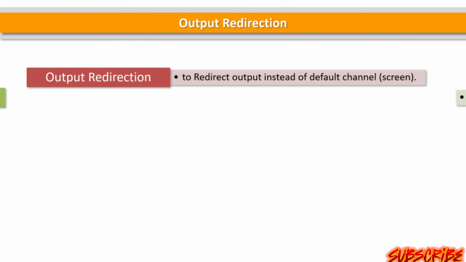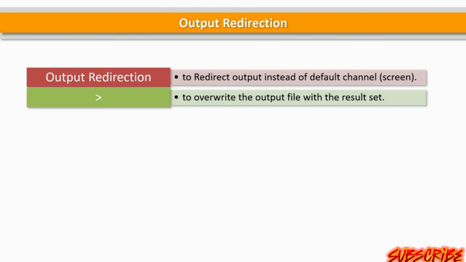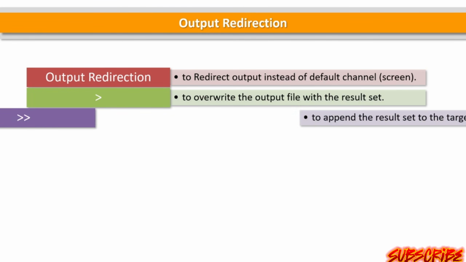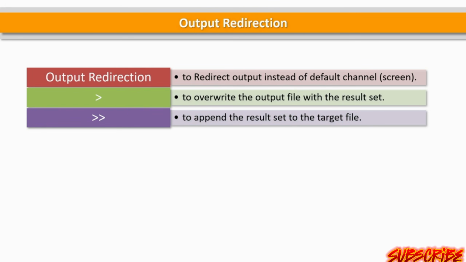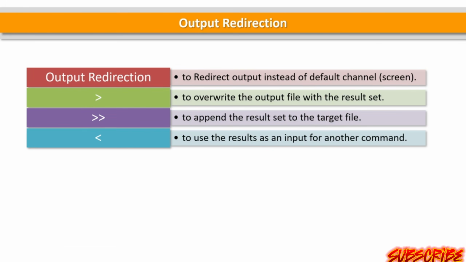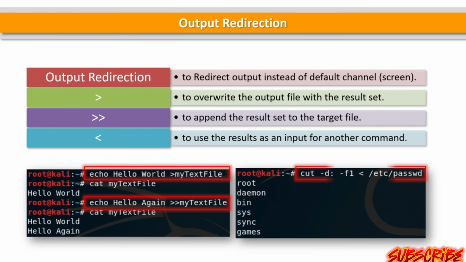A single greater than symbol is used to overwrite the output file with the result set. The double greater than symbol is used to append the result set to the target file. The single less than symbol is used to add the results as an input for another command.